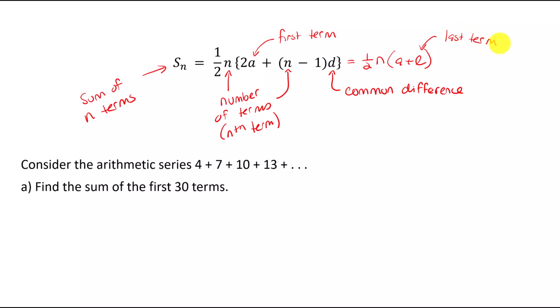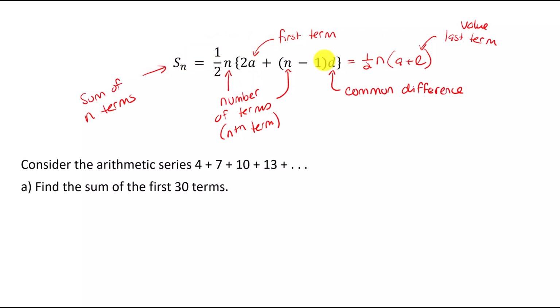So whatever term I stop at, it's the value of the last term. If the 12th term is 76, then 76 would be L if the 12th term is where we wanted to stop. But you have to be very careful, because oftentimes we use this formula when it doesn't work, or we plug in the wrong value. This is a possibility if you have exactly the right information, but I tend to always use the first one because it always works.